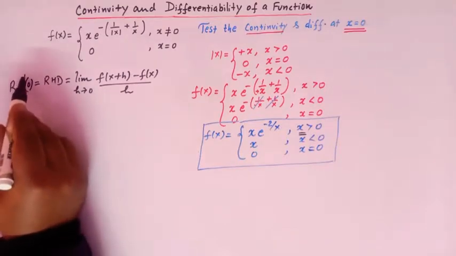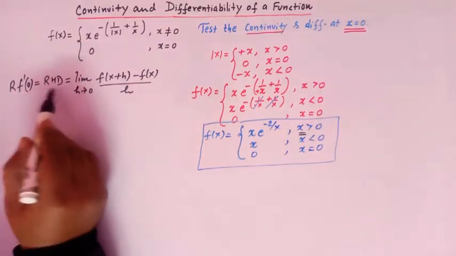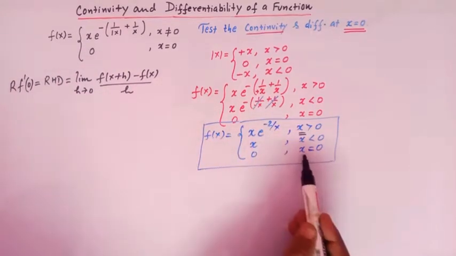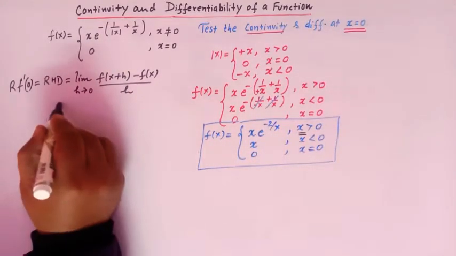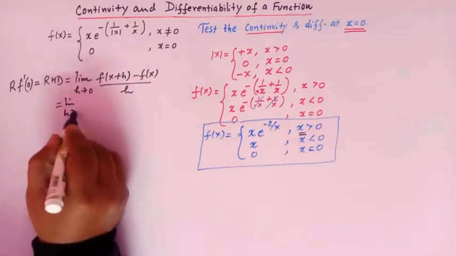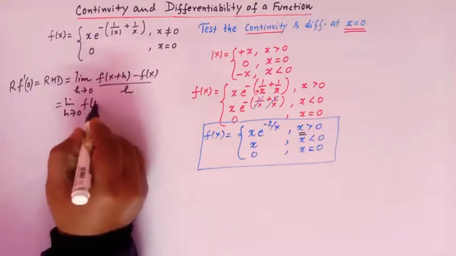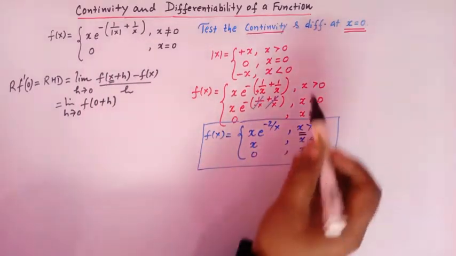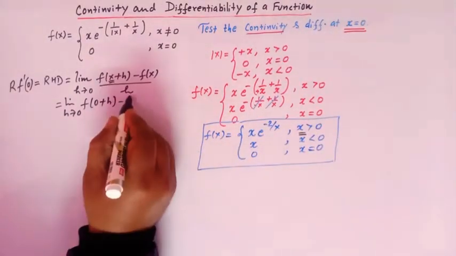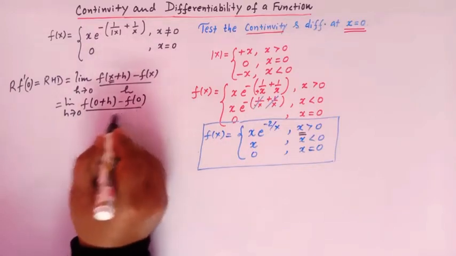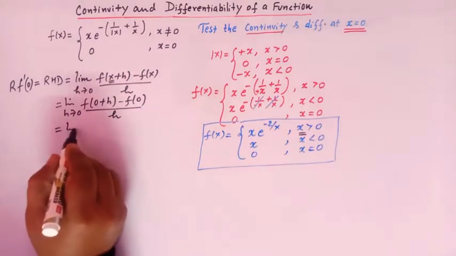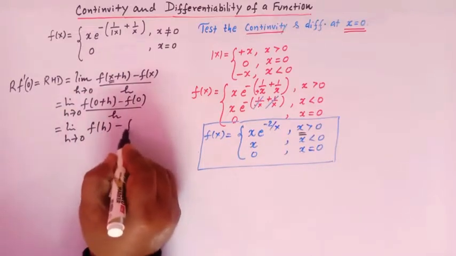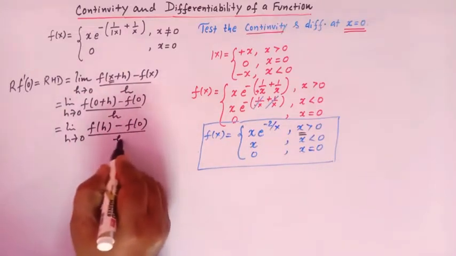So R f prime of 0 denotes the right hand derivative of this function at x equal to 0. So now we have limit h tends to 0 of f of 0 plus h, because the point x is 0, minus f of 0 over h, and this is limit h tends to 0 of f of h minus f of 0 over h.